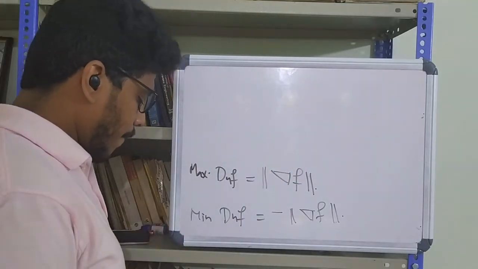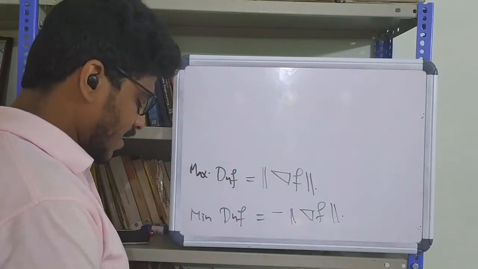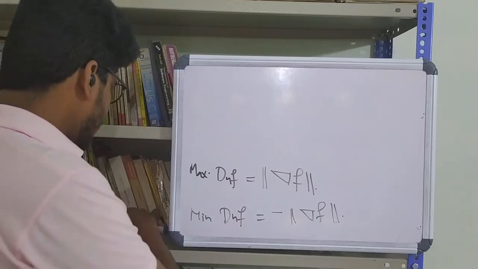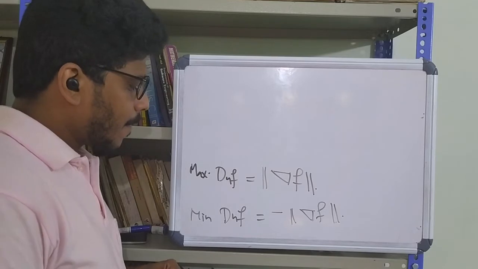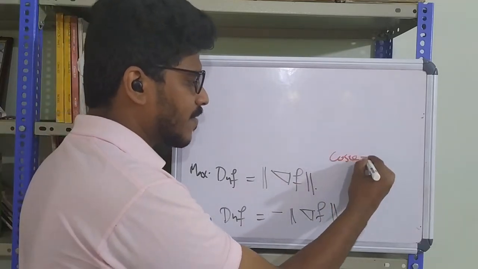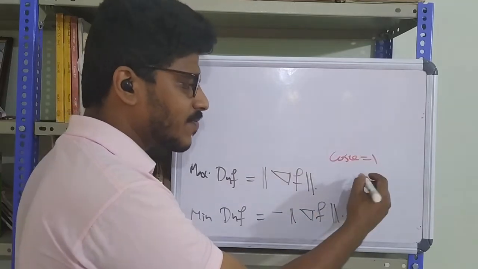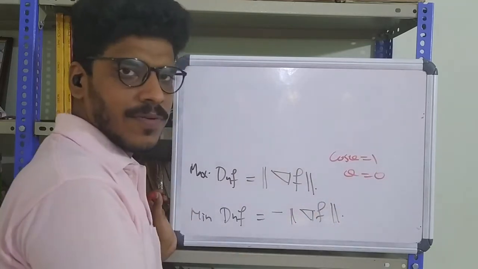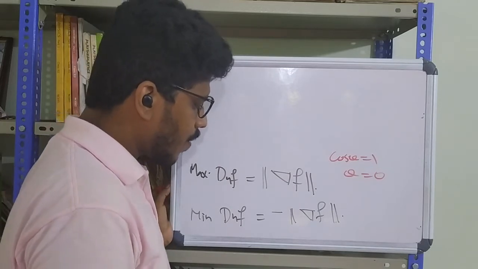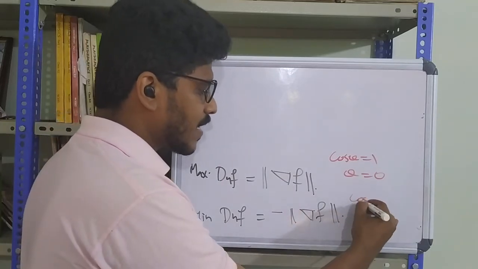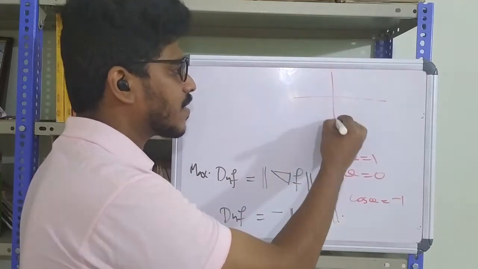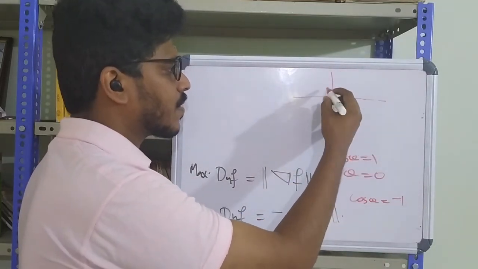With a slight rearrangement, we can rewrite this. We have seen that the maximum value occurs when cos theta takes the value 1. Cos theta is 1 means theta equal to 0. Similarly, the minimum occurs when cos theta takes the value minus 1.